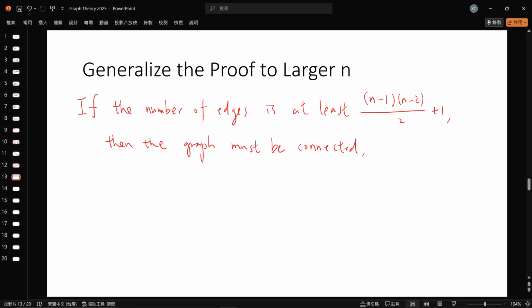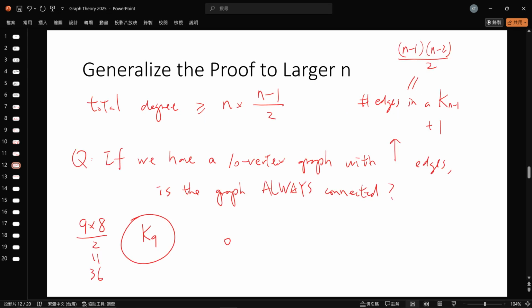Yeah, because we haven't really proved it. What we just showed is that if we only have this many edges, then we can still have a disconnected graph. Now we guess that if we have this many plus 1, then it is impossible to find a disconnected graph. Okay? So actually we haven't proved it.